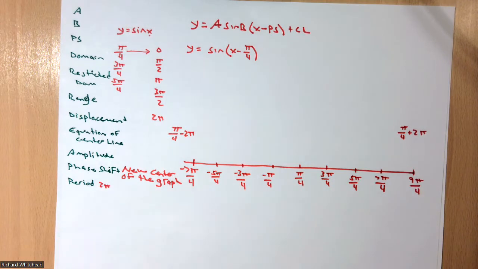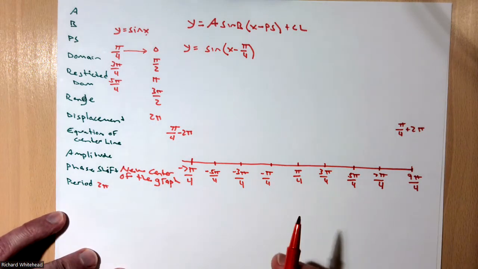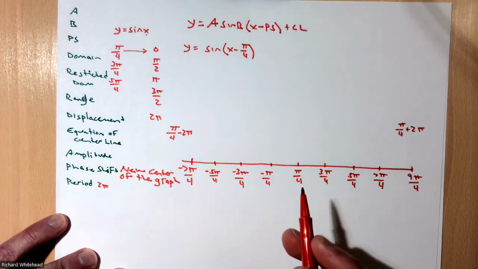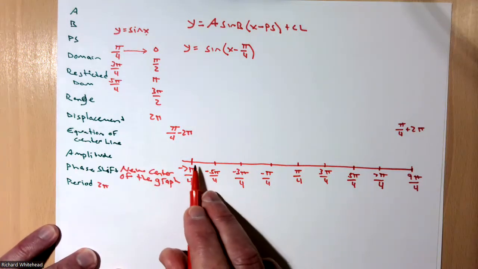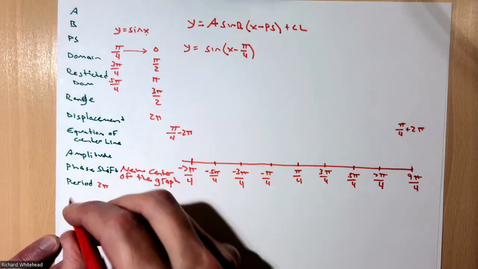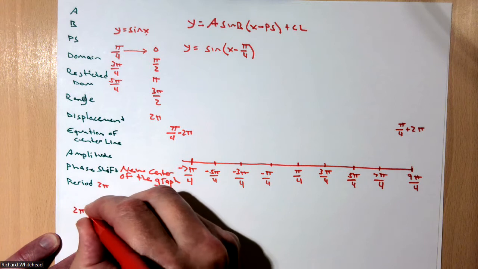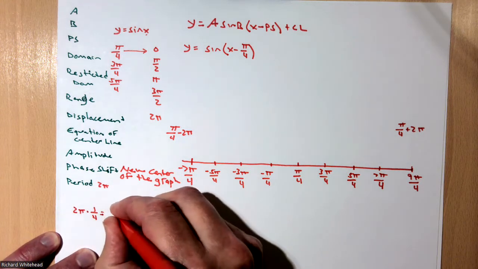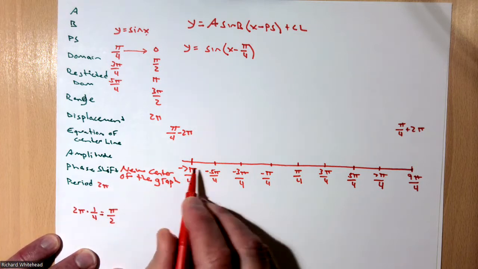Now, we're going to need to do this every time. By the way, one of the other methods some people like to do is chopping each period up into 4 pieces. So if the period is 2 pi and we're chopping it into 4 pieces, that means each interval is pi over 2.